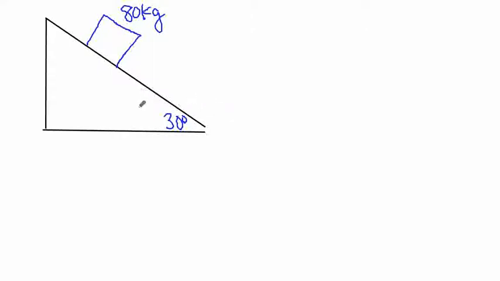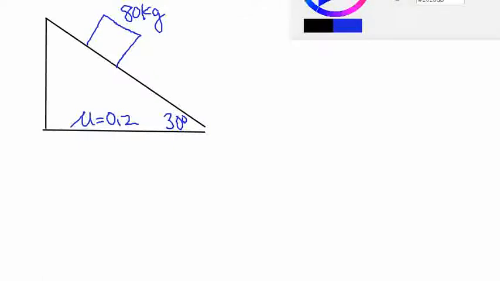And let's say there's some friction, and mu is 0.2. Maybe we want to know how much friction there is. What's the frictional force holding up the box? Maybe we want to know the normal force. Whatever we want to know, the equations that you set up are all the same. The force diagram will be the same regardless of what's missing.